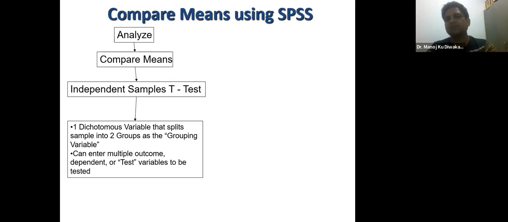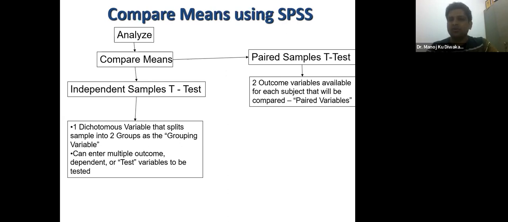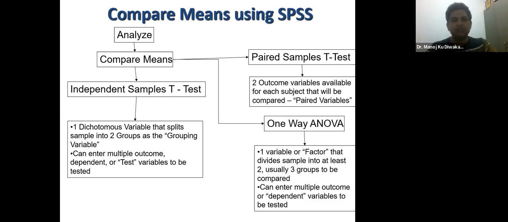You can give some numbering, and then you specify the IQ value. From here you can also do the paired t-test, and from here as well you can do the one-way analysis of variance. Here you can put the factors, and then bring out the value.